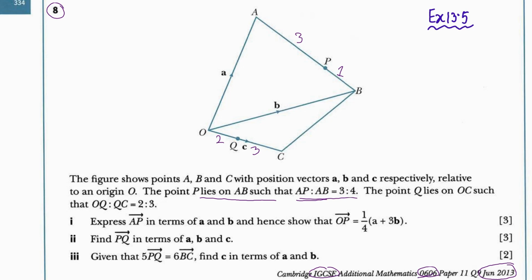Our first question: express AP in terms of a and b. Let me start our working by writing vector AP. If we see the diagram, AP is a portion of AB, 3/4 of AB.